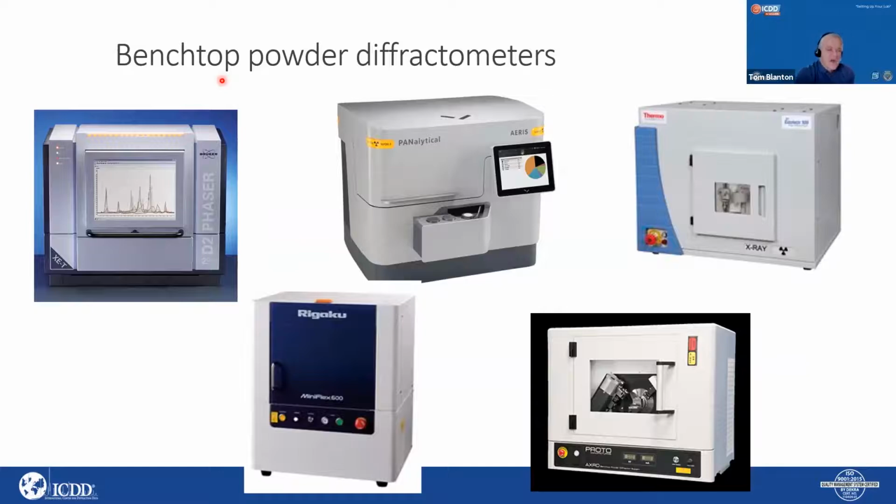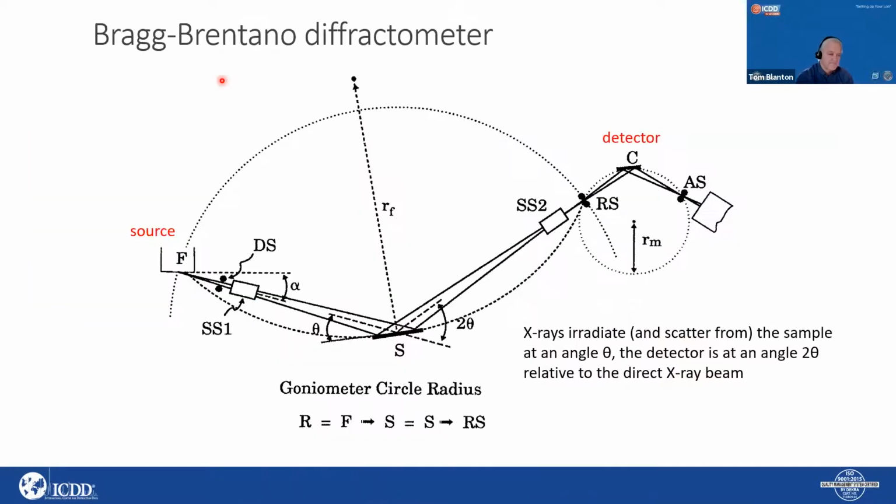Primarily, they're designed for good phase identification and in many cases quantitative analysis applications. You don't have as many options when it comes to attachments. Some of the manufacturers do have sample changers, and a few have access to a high temperature stage. It's a moderate temperature, but you don't have the same flexibility as you do with the larger diffractometers.